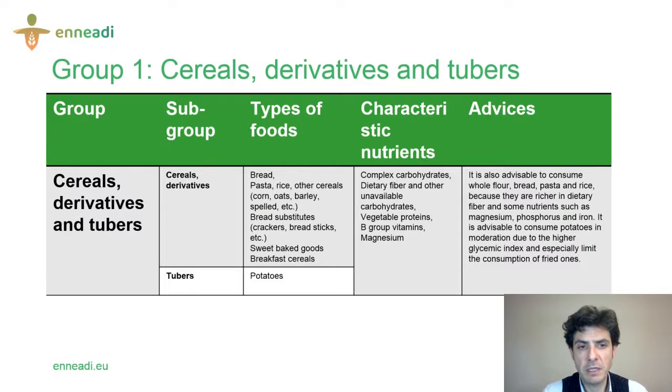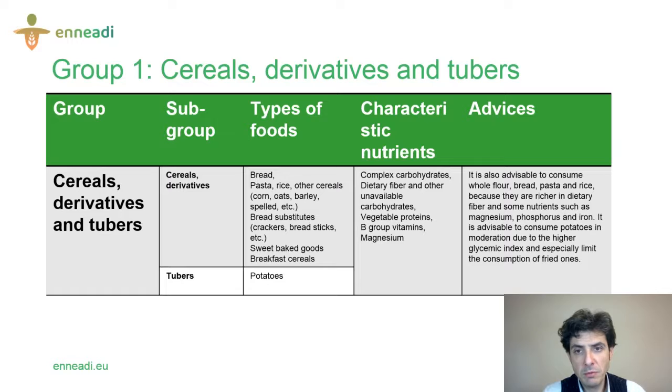I can provide you an example, like group 1, the group of cereals, derivatives, and tubers. It is composed of two subgroups, the cereals and their derivatives, and the tubers. Some types of foods: the most clear example of tubers is represented by potatoes, but in the case of cereals and their derivatives, we have bread, pasta, but also rice, any other cereal, and bread substitutes like crackers.